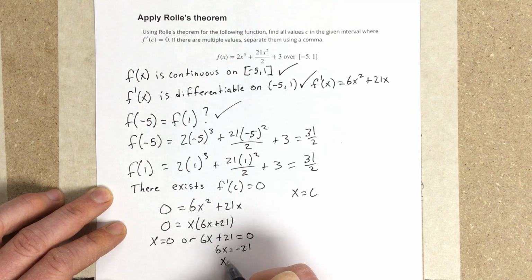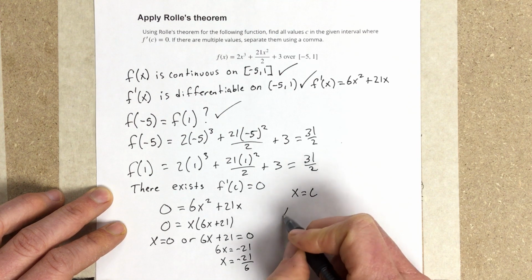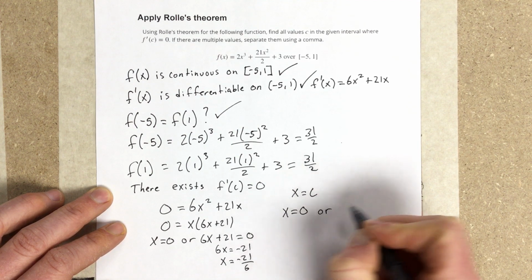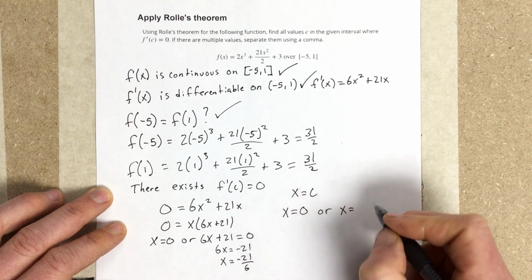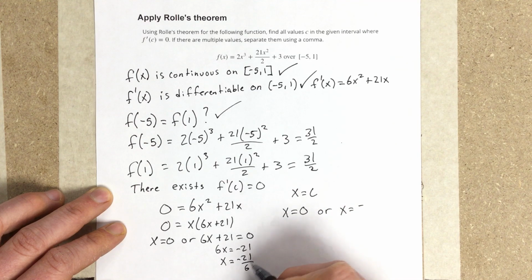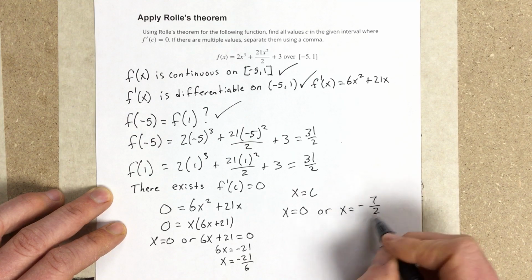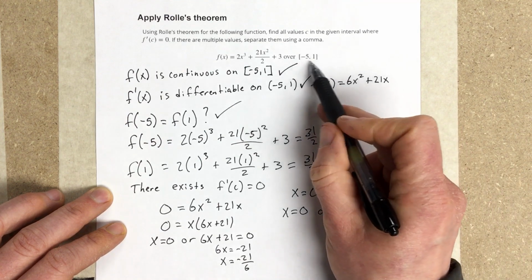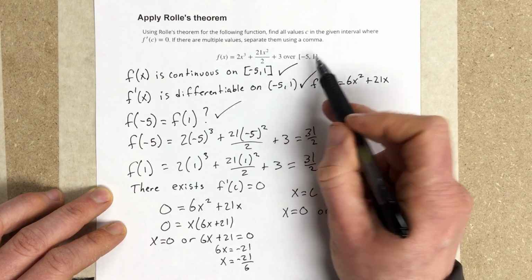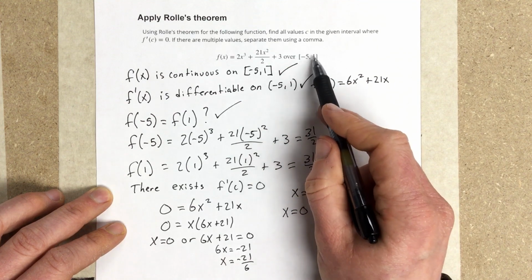Divide by 6, x is equal to -21 over 6. So x can equal 0, or x can equal negative, divide both of these by 3, you get 7 over 2. Now this is -3.5, which is in our domain, and 0 is also in our domain.